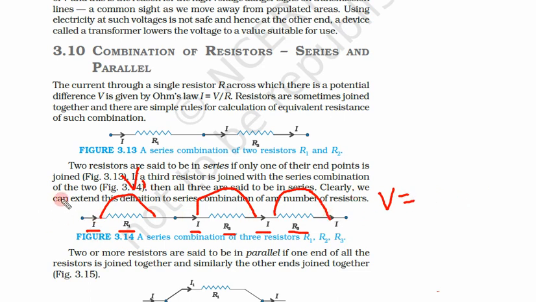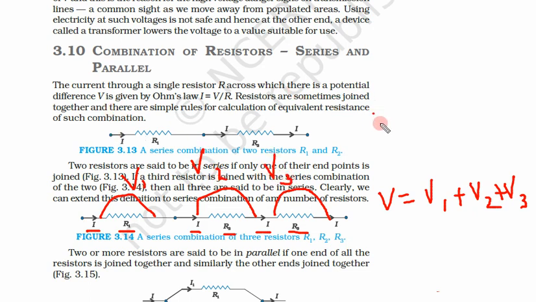Again the total potential drop is V, which is the sum of V1 plus V2 plus V3. So this is the total potential drop: first V1, second V2, third V3.